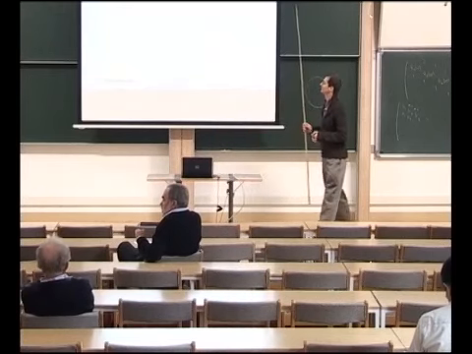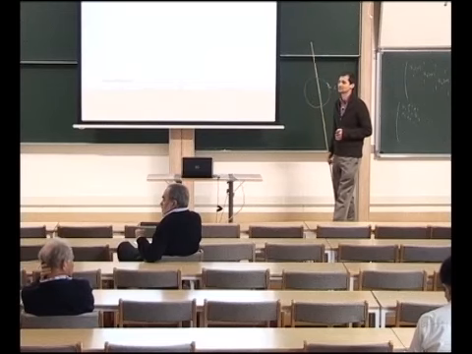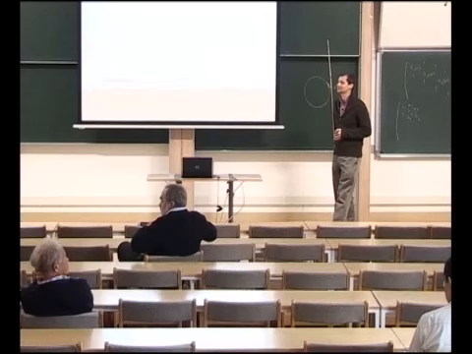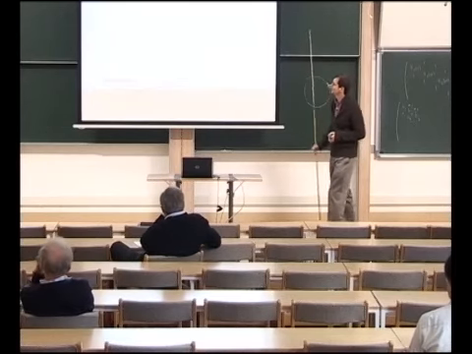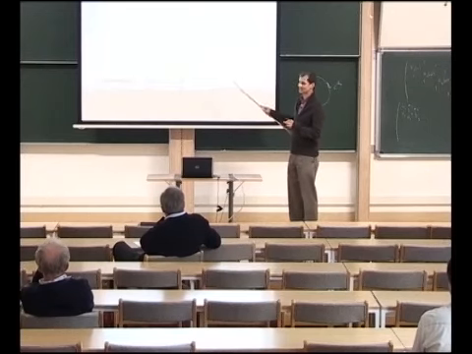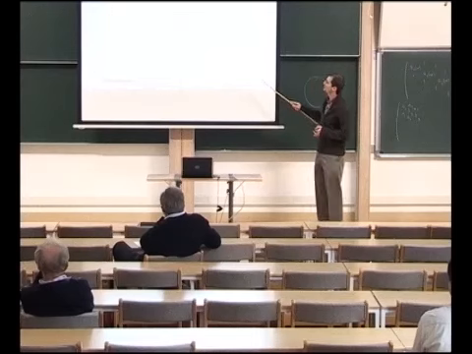The overall distribution is tricky. The tail is tricky, but the short range is governed by the symmetry class. In other words, if I have orthogonal, I'll see beta equals 1. If I have unitary, I'll see beta equals 2, even in the critical regime.